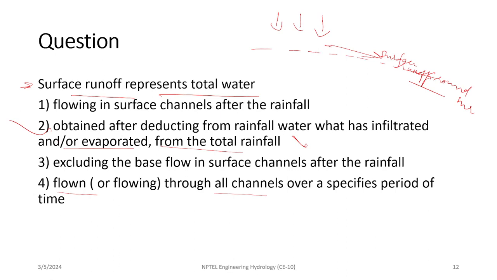Second option is right, but definitely there may be confusion related to the first, then the fourth option as well, because it is also saying that whatever water is falling or flowing through the channel can also contribute as surface runoff, right? But it is related to the flow.